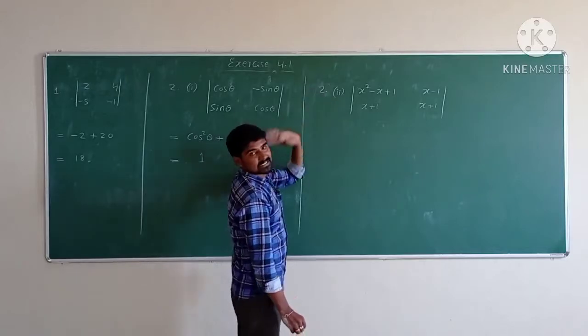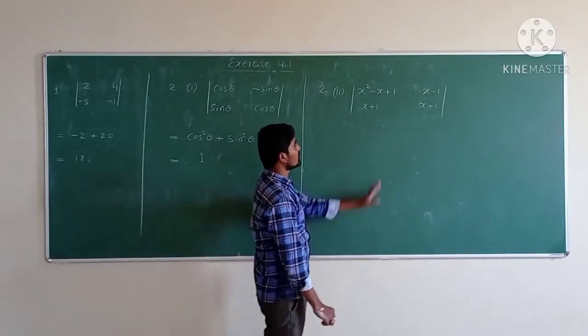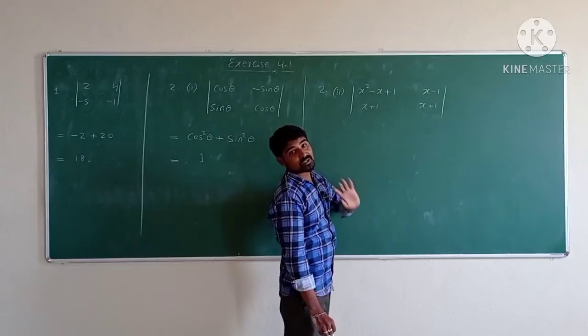And now the next question. Here also we need to find the determinant value. This determinant is also of order 2 cross 2.